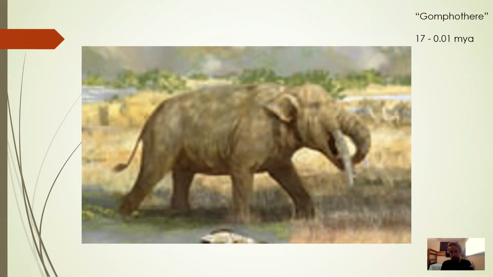But they're not the focus of this study. Gomphotheres existed from 17 million to about 10,000 years ago. Since I don't know exactly what species or genus this is, I can't get much more specific than that. But we have a clear discrepancy of overlapping dates between these three animals.